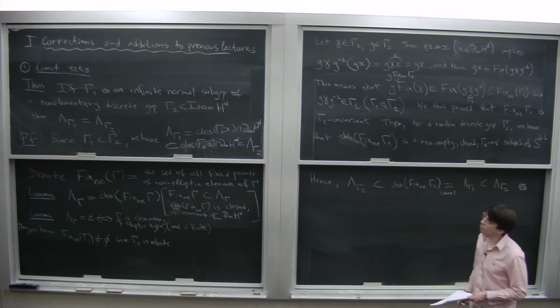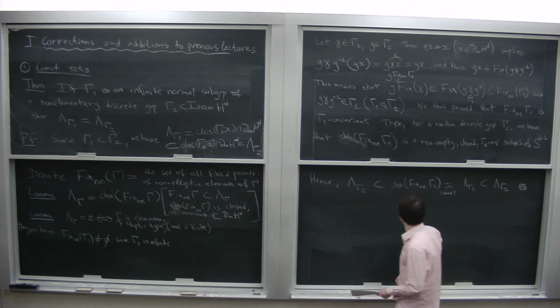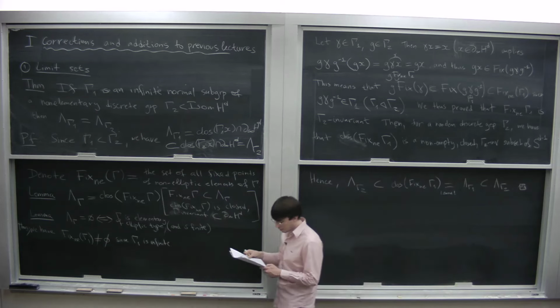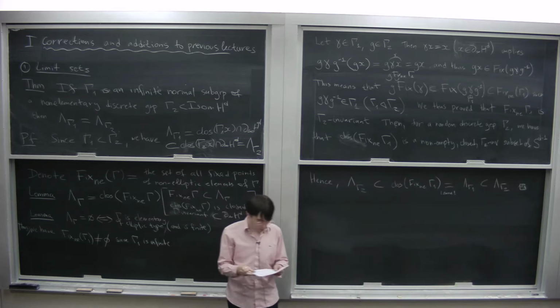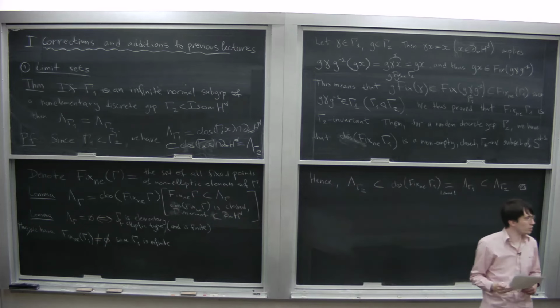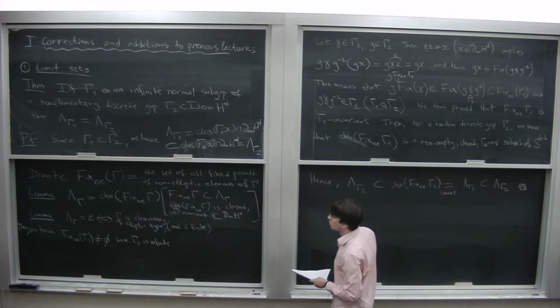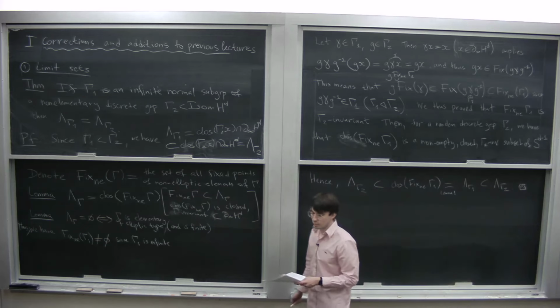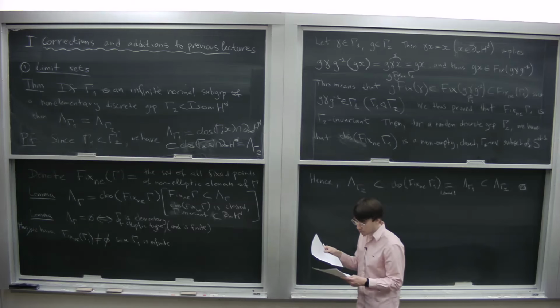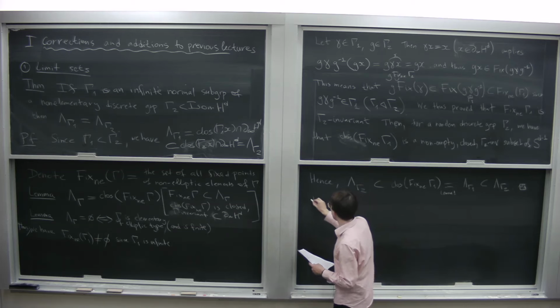So gamma 1 can probably be something like a reflection, but yeah, try to think about it. Okay, so in fact, we also have some other interesting facts related to limit sets, and let me just mention them here. I'm not going to prove it. I will just simply write a few statements.